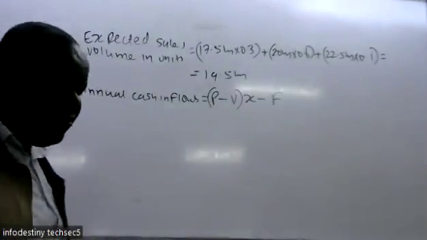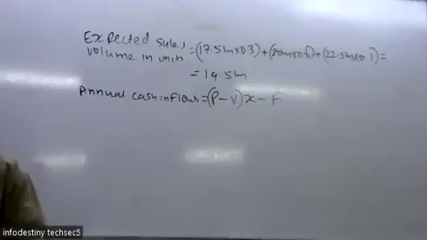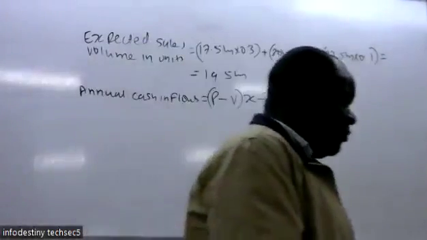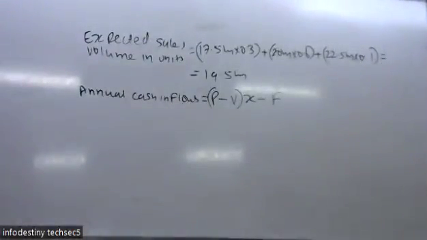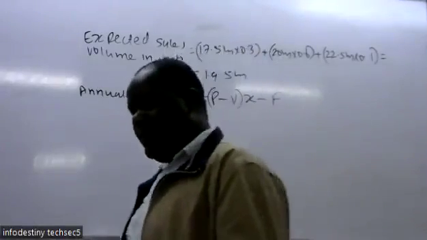So we go back to part B to see what is our P, because the question was an extension of part B. So when you check under part B, the selling price per unit was 3.